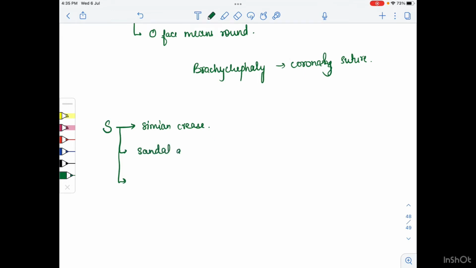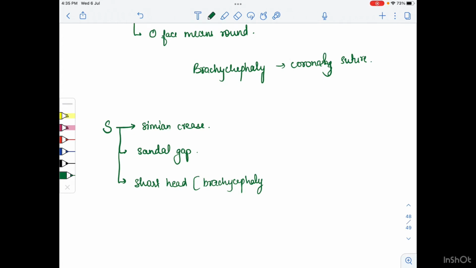There is a sandal gap present between the first and second toe. And another S is for short head, and short head represents brachycephaly. Now that's all about the trick, that is do eyes checkup alongside. All have three clinical features about each letter.